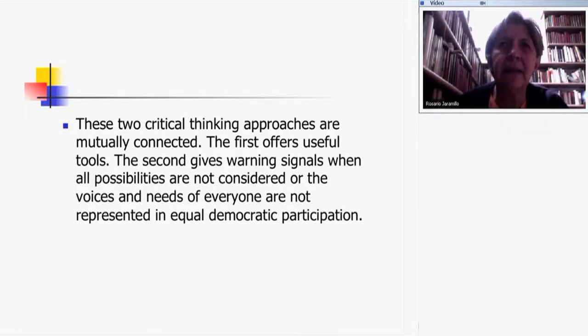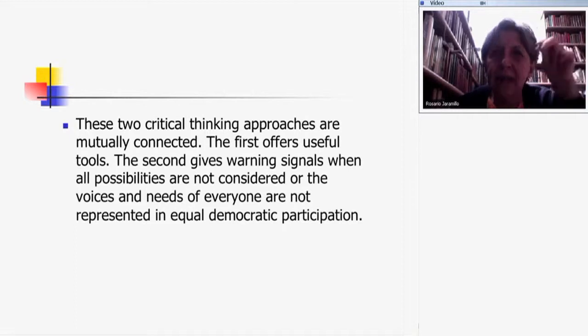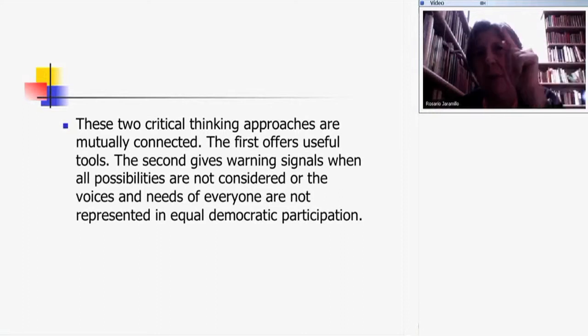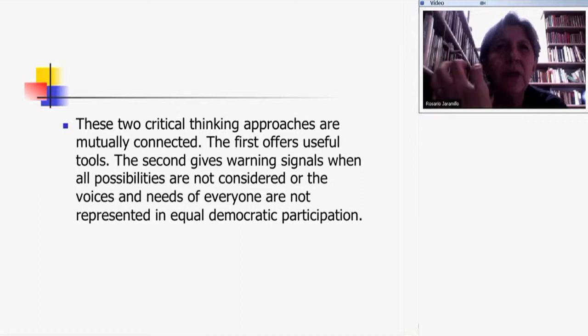What the second one does is ring us a bell and remind us that when we are using these tools, did you remember about gender? Or did you remember about the cultural context in which these people are involved?